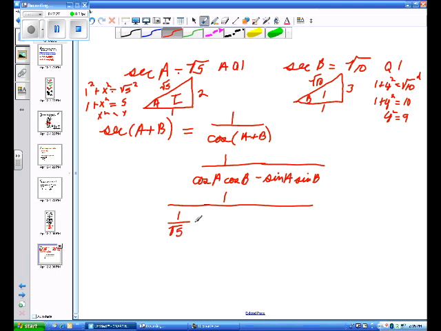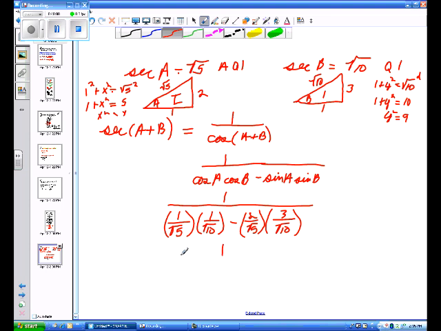We're in the first quadrant, so it's positive. The cosine of B is 1 over the square root of 10. First quadrant, positive. The sine of A is 2 over the square root of 5. And the sine of B is 3 over the square root of 10.